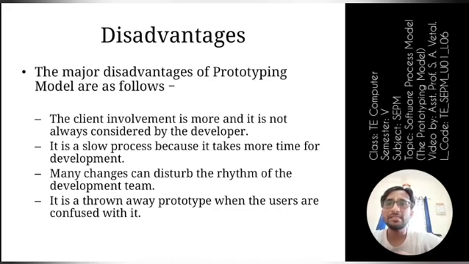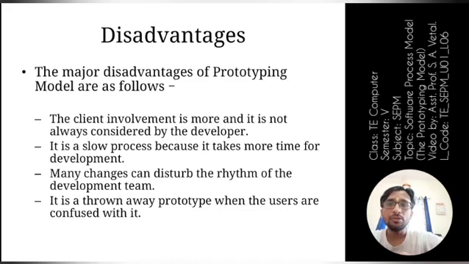Then many changes can disturb the rhythm of the development team. As the client involvement is more, many changes can be suggested by the client, so it can disturb the rhythm of the development team. Then it is a thrown away prototype when the users are confused with it.